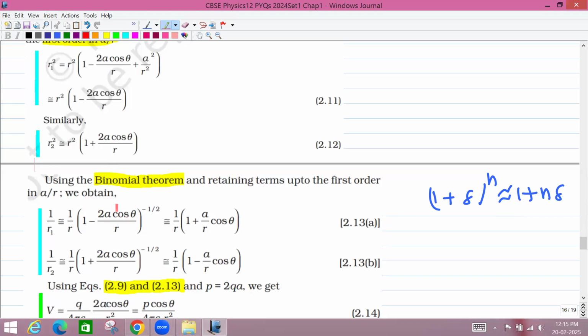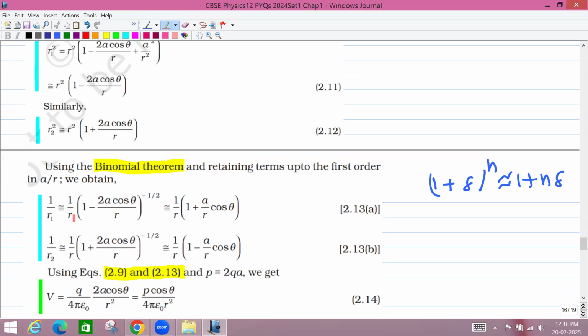So this whole thing is a small quantity. We can call it delta. This is n. So this will become 1 plus n delta. So 1 plus, this minus half will cancel, this minus will become a by r cos theta. Similarly, this is also a small quantity, and n is minus half. So it will become minus a by r cos theta. Here this will be plus because this minus will cancel and this minus become plus. Here it is just minus and will come here.